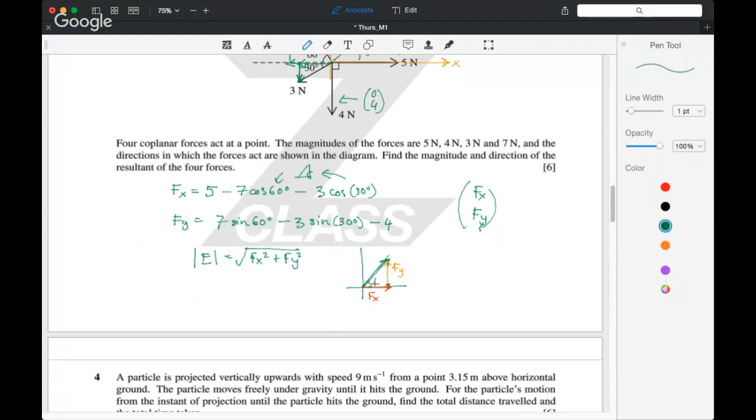So if I want theta, and I've got the lengths of two sides, what do I do? Well, it depends on which sides. In this case, it's the opposite and the adjacent, so we use the tangent. We know that tan of theta is equal to Fy over Fx. Therefore, theta is just the arctan, or tan to the minus 1, of Fy over Fx. And that's how you get it.